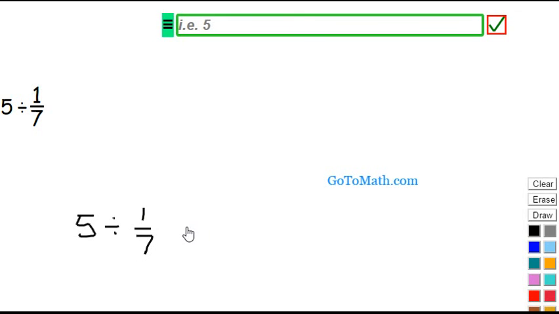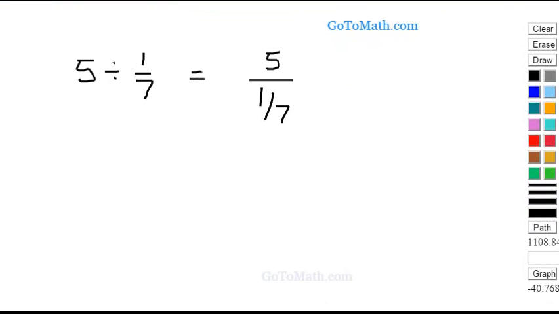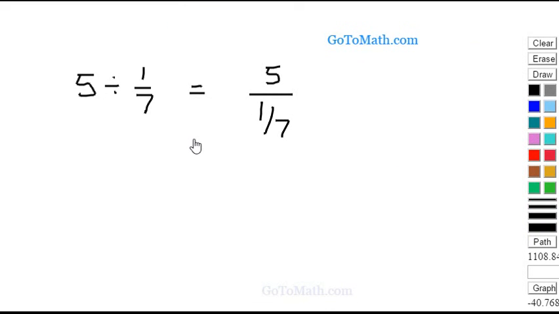All right. So this can actually be rewritten as 5 divided by 1/7. Okay. Now, the way this is going to work here is, of course, sometimes we go from here.